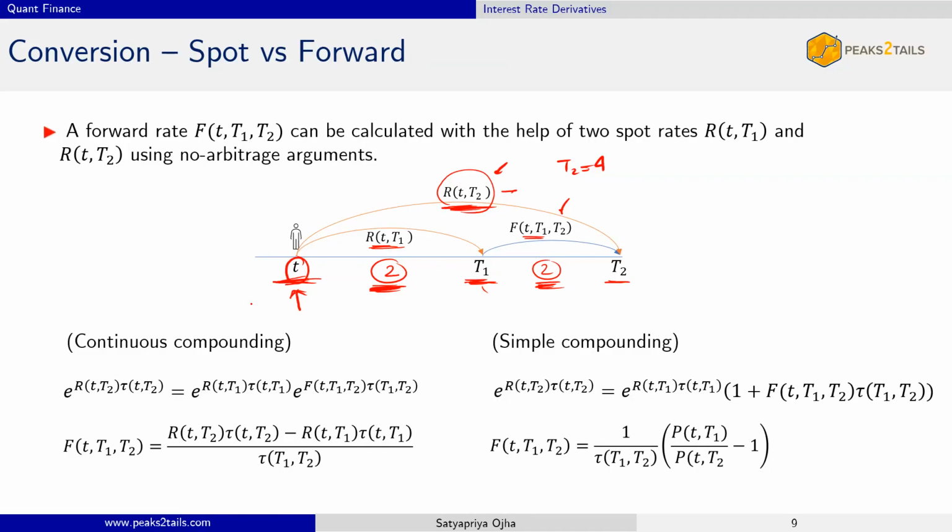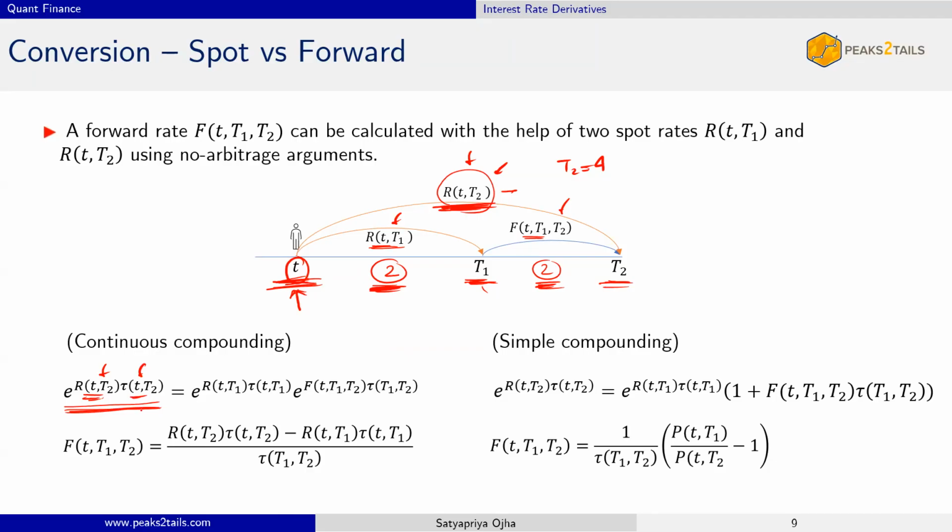If you book using the spot rate that is applicable for the entire time period from small t to T2, then the money that you will grow is using continuous compounding, because R is for continuous compounding: e to the power R(t,T2) times the year fraction from small t to capital T2. This is the money that you will have at the end of the period.